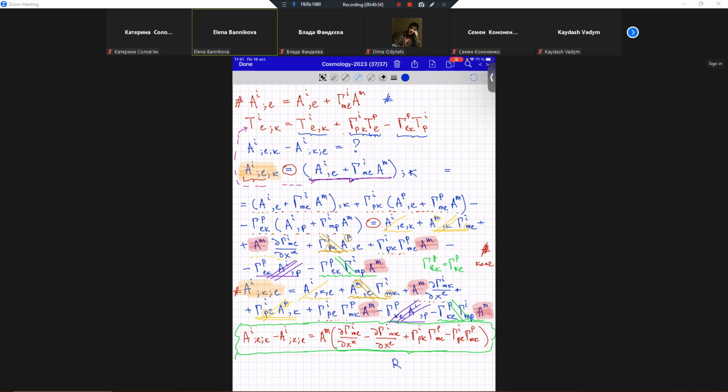I will call what we obtained R, and this object which we obtain here in the parentheses, how many indexes will it have? What do you think? Still 3 indexes? Why 3?